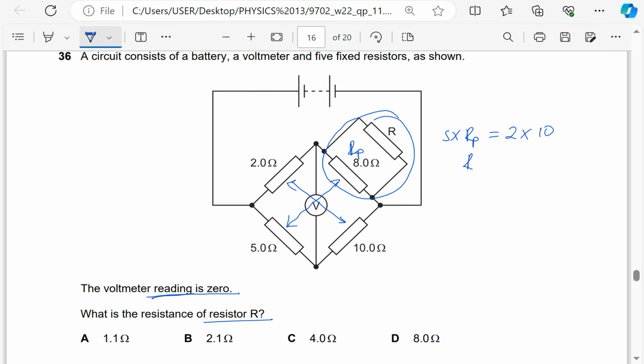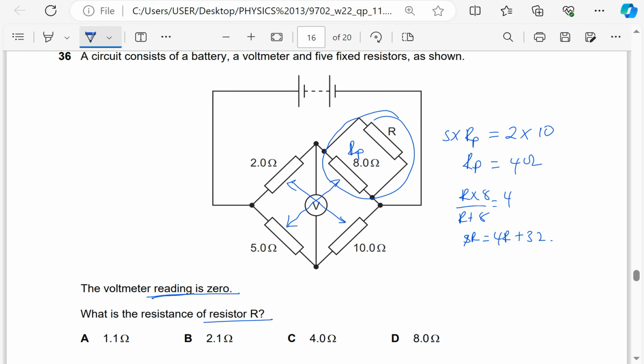So it means the resistance in parallel is going to be equal to 20 divided by 5, which is 4 ohms. But the resistance in parallel, we have R times 8 over R plus 8. This should be equal to 4. So it means I have 8R equals 4R plus, I think that is 32.